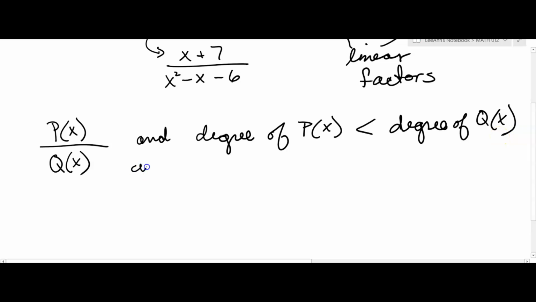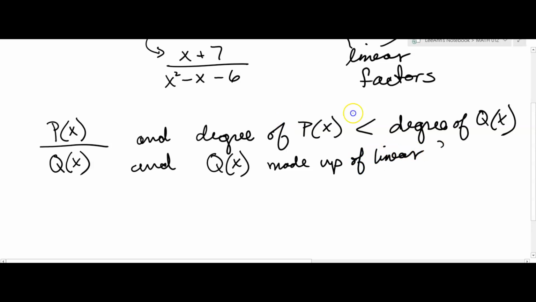Okay, and q of x is made up of linear factors. Okay, so now I'm going to give you the generic formula here.